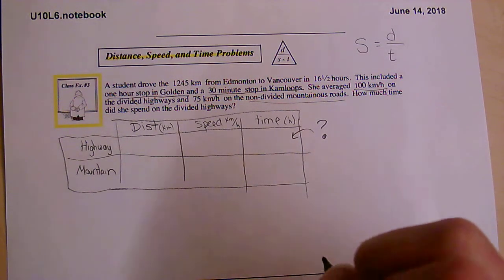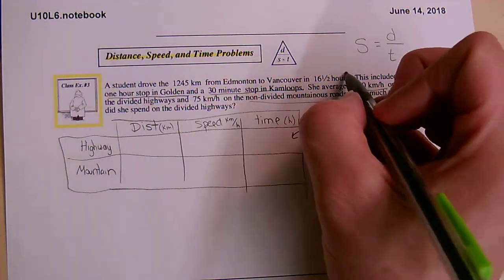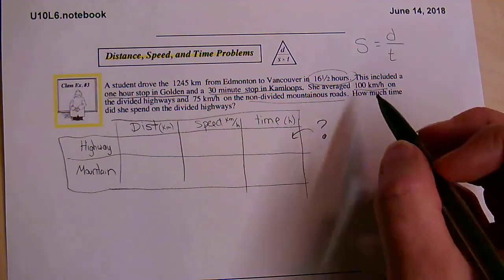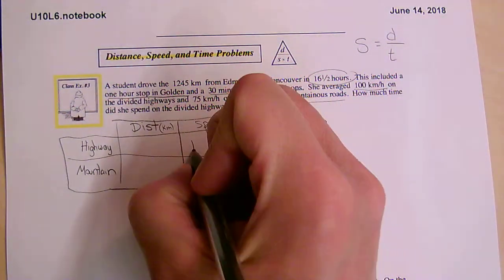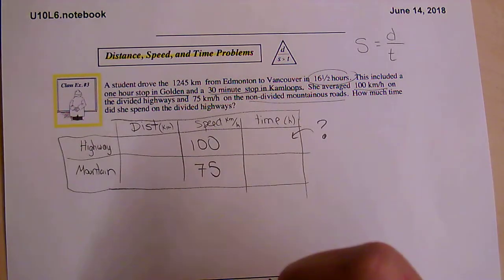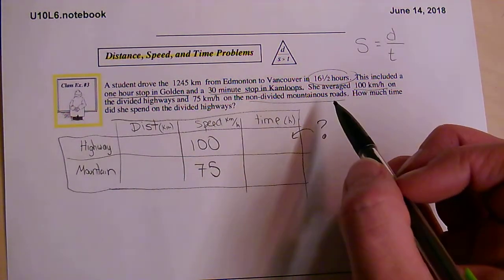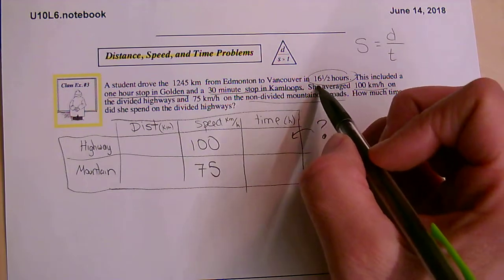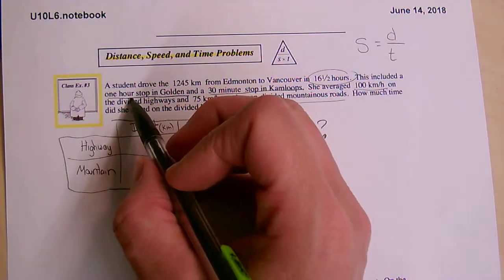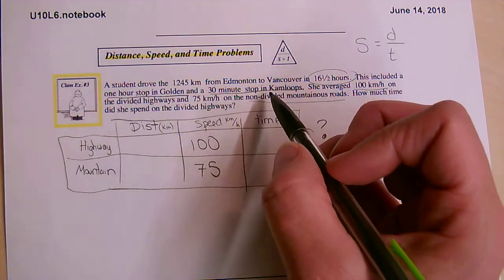Okay, so a couple things that we need to get from here. So we know her speed. She averaged 100 kilometers per hour here and 75 kilometers per hour here. We know that it took a total of 16.5 hours. Okay, 1 hour stop in Golden, 30-minute stop in Kamloops.